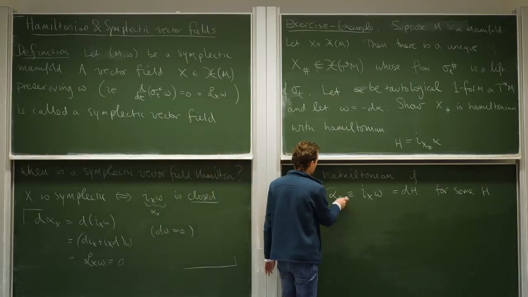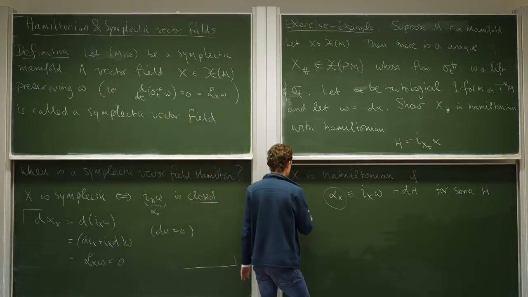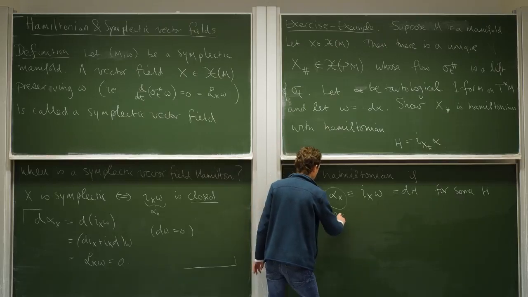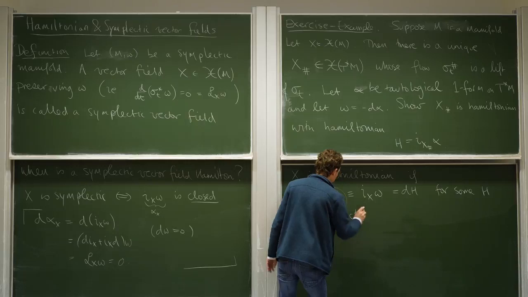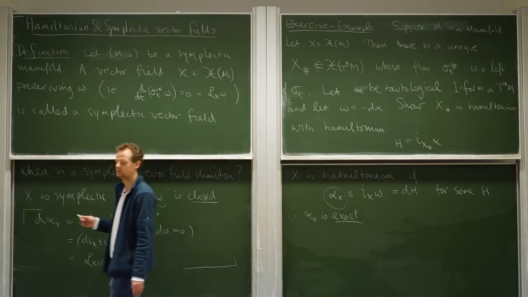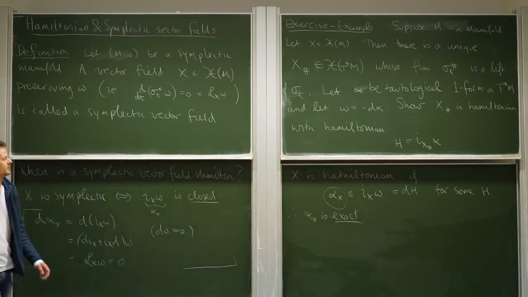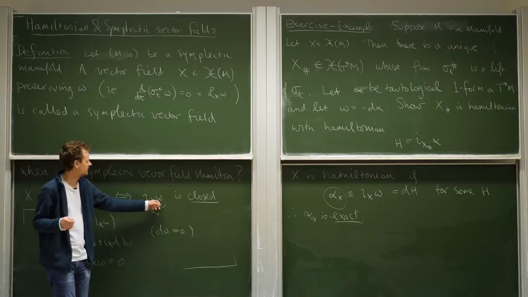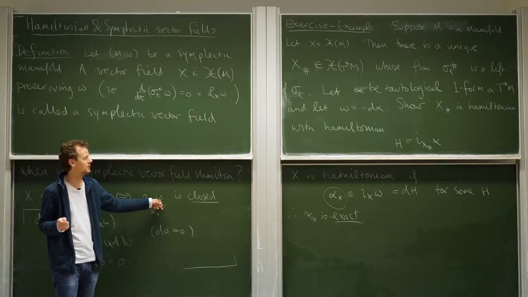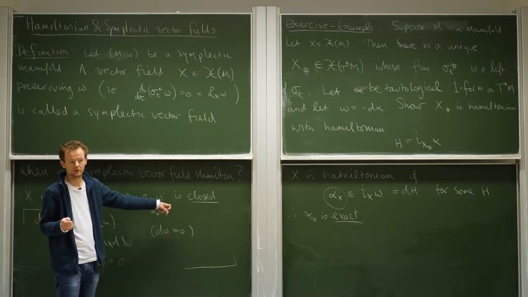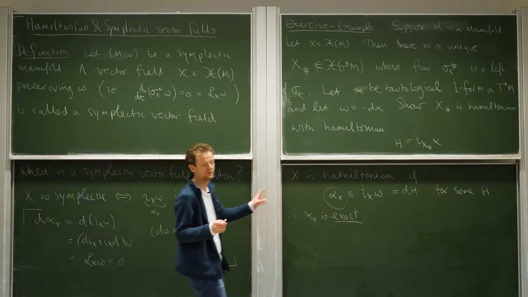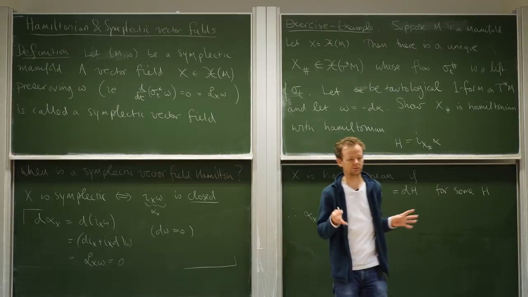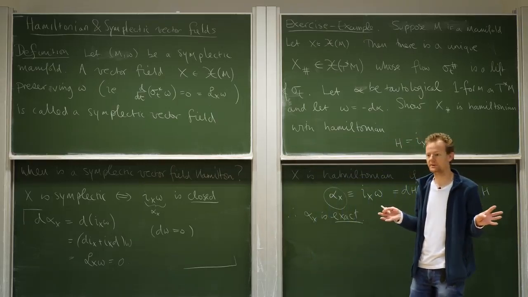So this 1 form here is exact. It's an exact 1 form, the one that comes from a Hamilton vector field. And the 1 form alpha x that comes from a symplectic vector field is closed. But the space of closed 1 forms and the space of exact 1 forms aren't necessarily equal spaces.